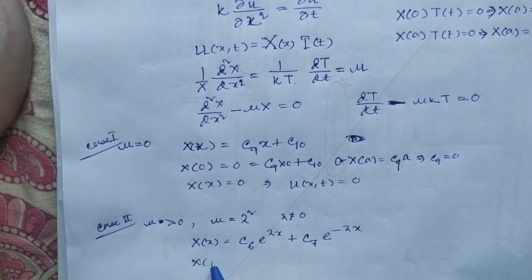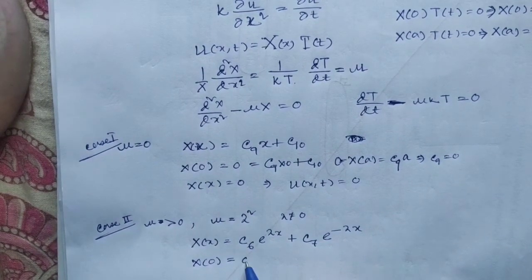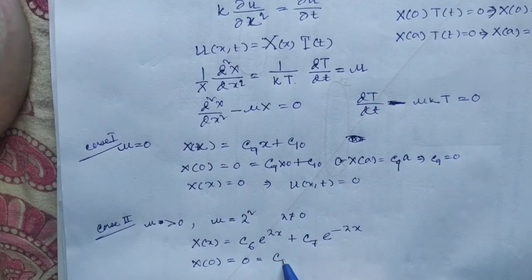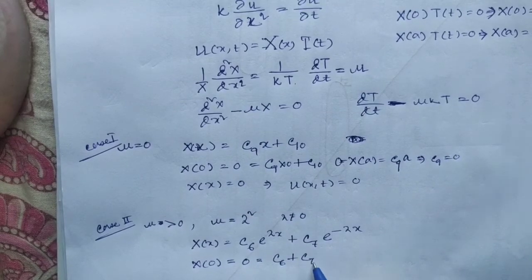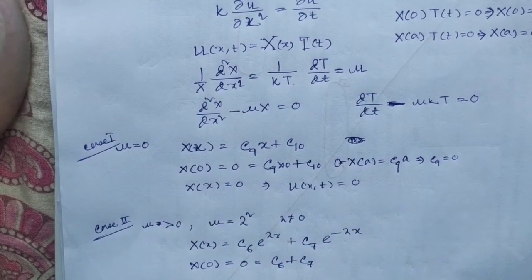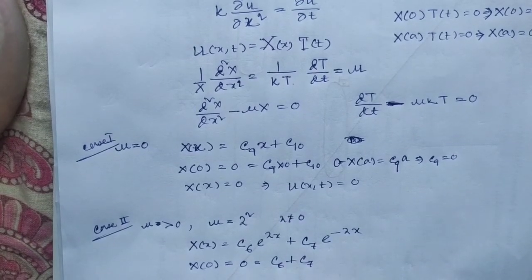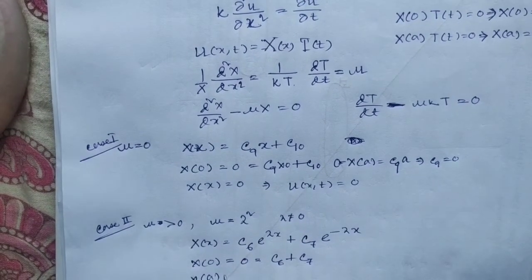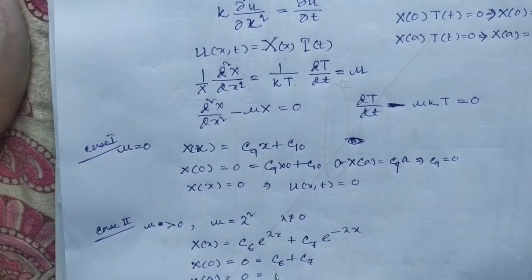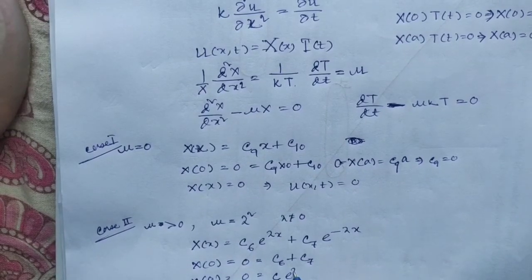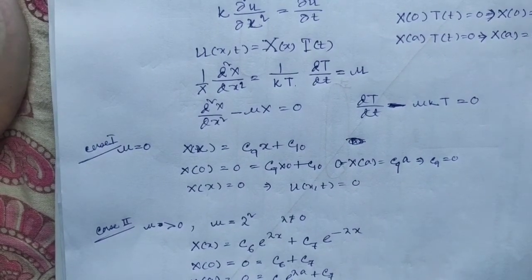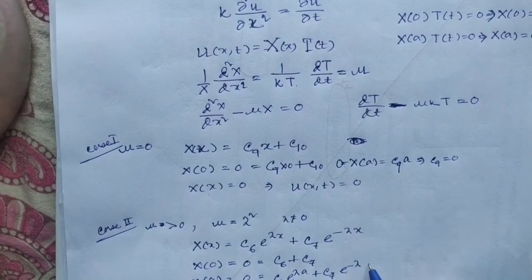Now whenever you take X(0) equal to 0, you have C6 plus C7 equal to 0, right? This is one equation, and X(a) equal to 0 gives C6 e to the power lambda a plus C7 e to the power minus lambda a.